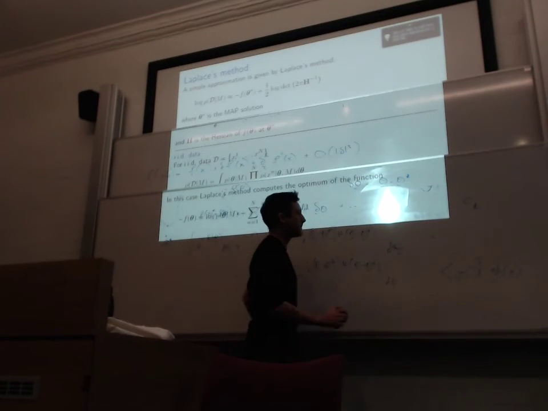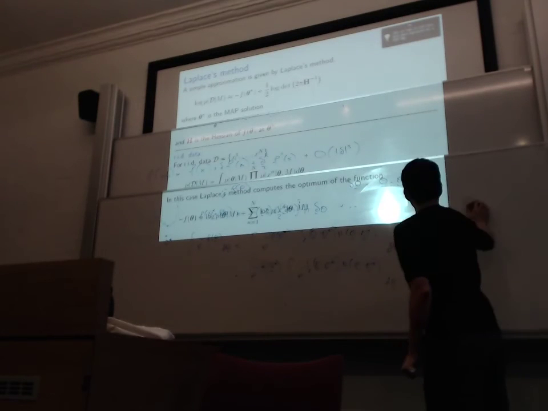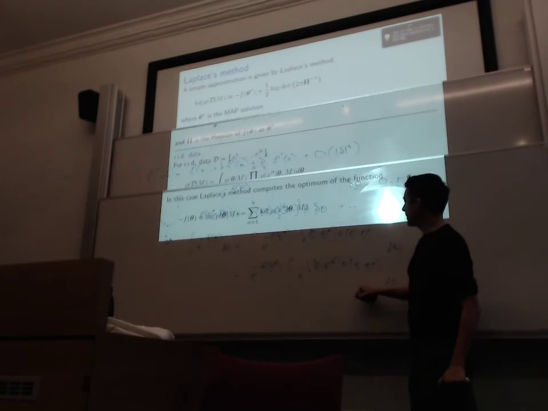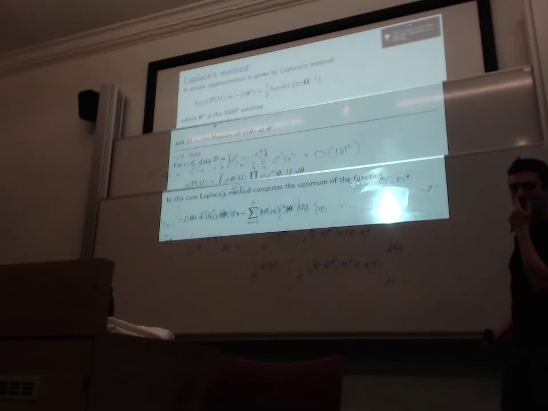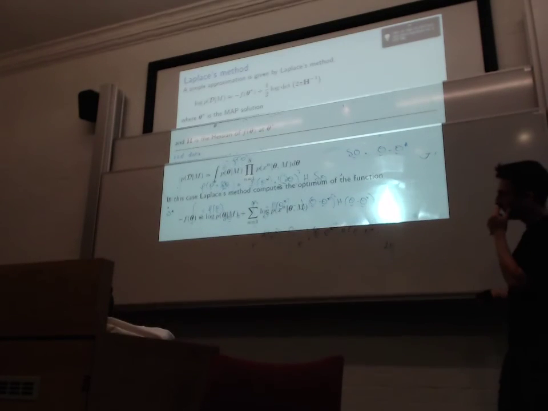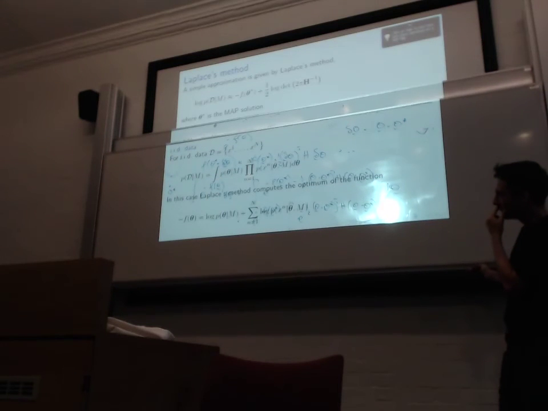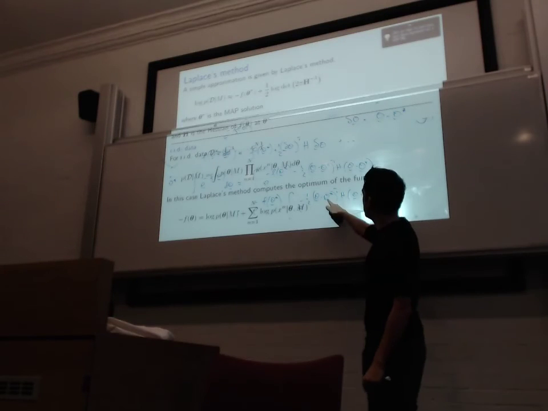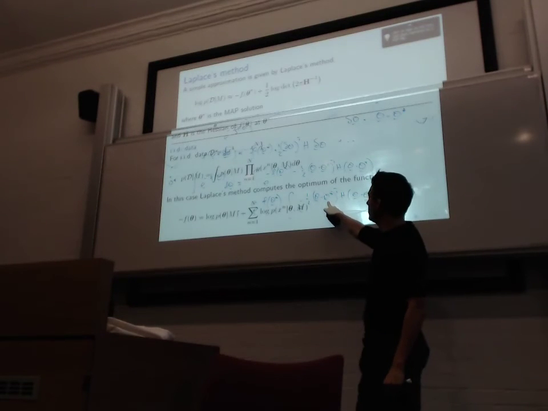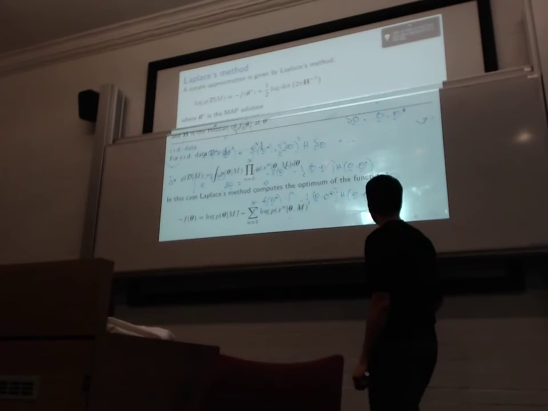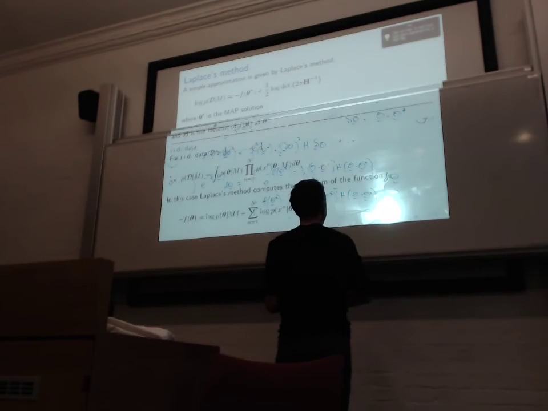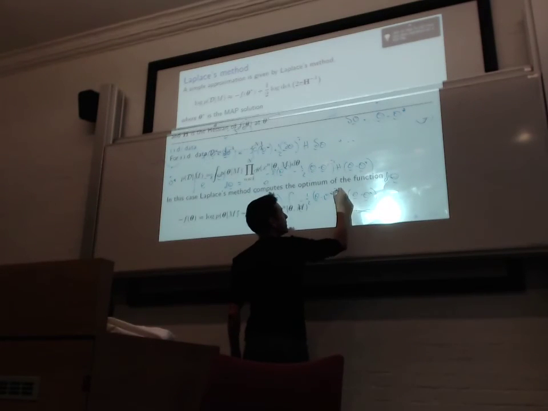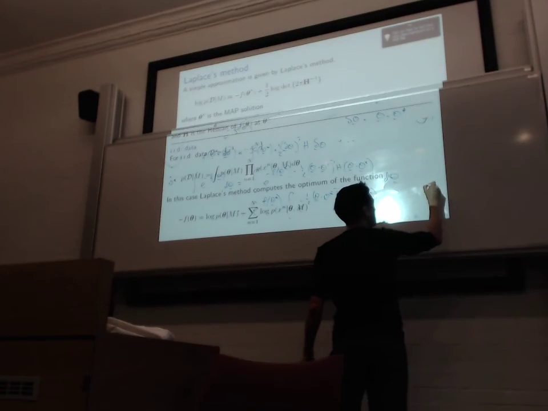Okay, so how do I carry out this integral here? What does it look like? It's a Gaussian, right? So basically, this would be a Gaussian with mean theta star and inverse covariance matrix H. Let's call this thing sigma to the minus 1, so H is equal to sigma to the minus 1.